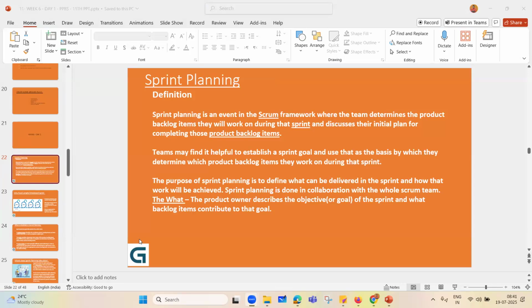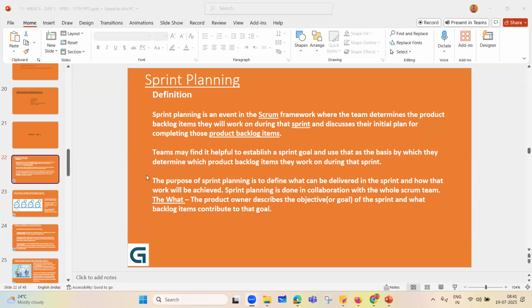Anyone? Yes. Sprint planning is an event in the Scrum framework where the team determines the product backlog items they will work on during the sprint and discusses their initial plan for completing those product backlog items.